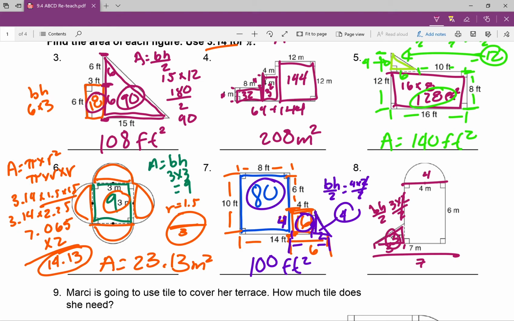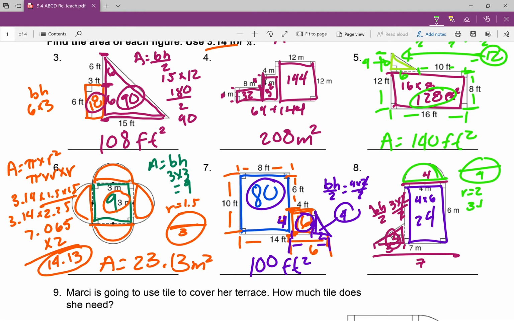Now for the rectangle, I have 4 by 6, which is 24. And then I have a semicircle, which is half of a circle. Again, on that one, I'm given the diameter, so I need the radius. So my radius is 2.